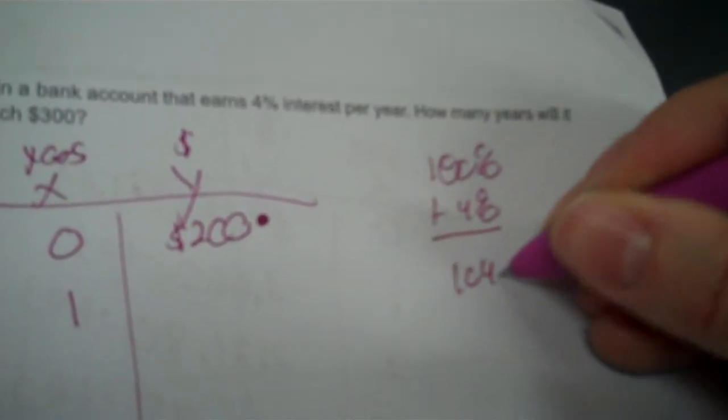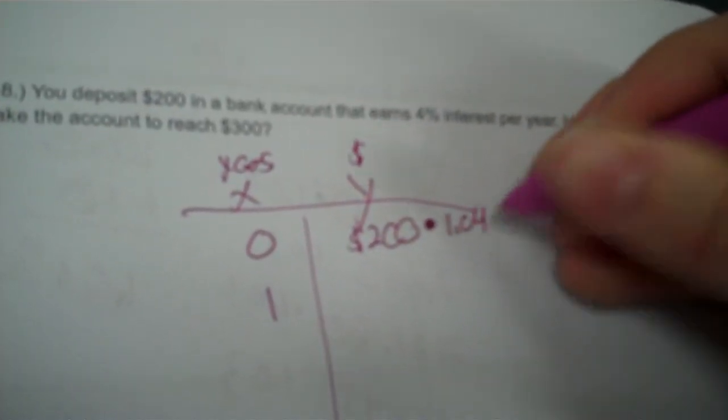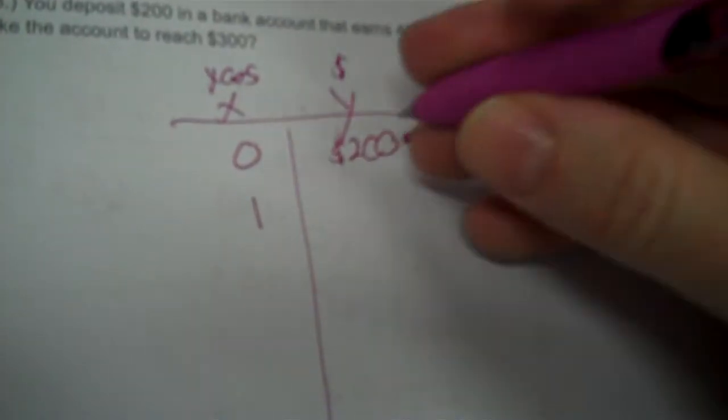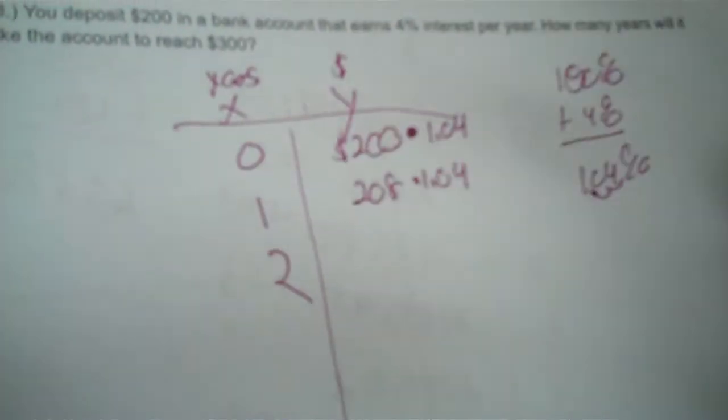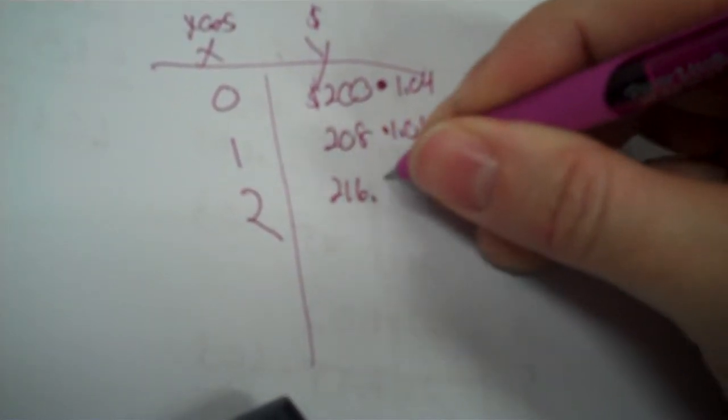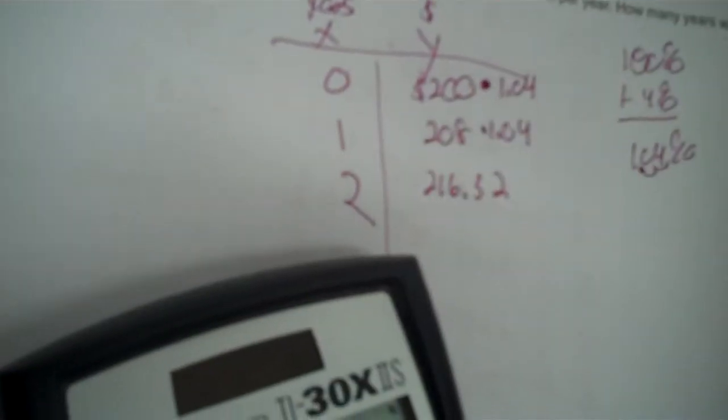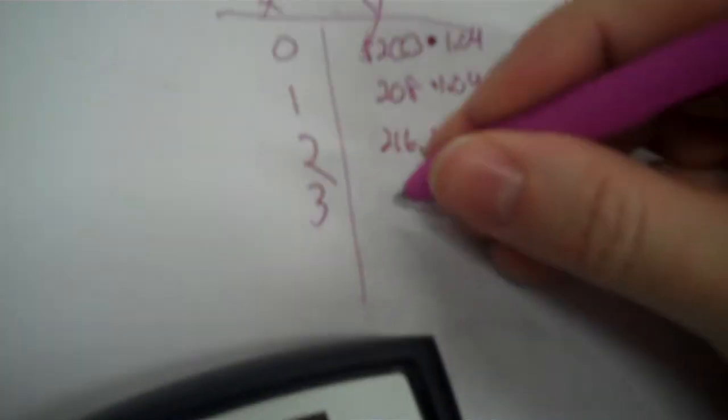So that would be 104%. So 200 multiplied by 1.04, 208. 216.32. Remember, you got to get 300. Maybe it'll be quick. I don't think this one looks like it's going to go particularly quick, but we keep going.